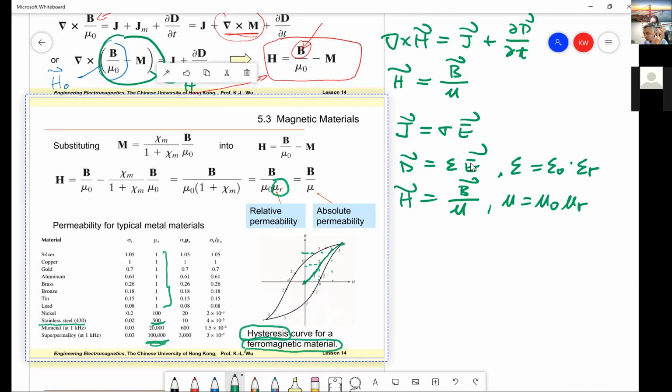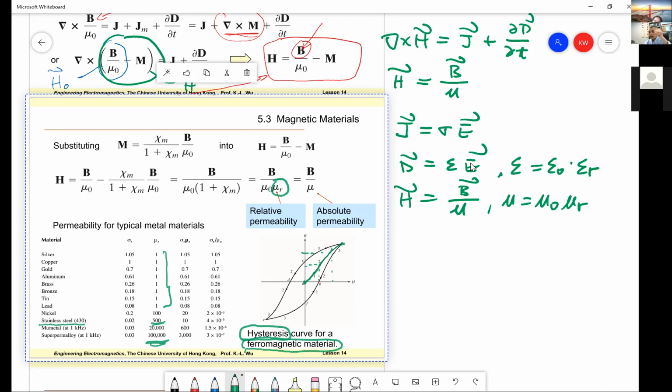Then you reduce H. When you reduce H, B is also reduced, but not by the same amount as the way up. If I call this two ways, this is one way. You go from Hong Kong to New York.